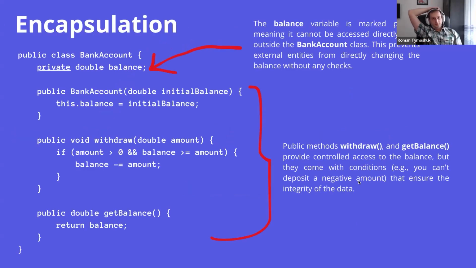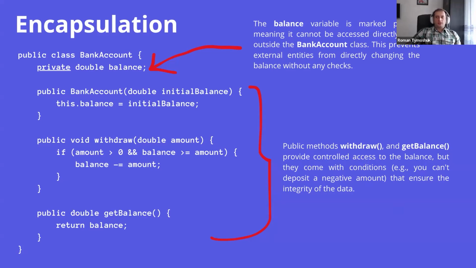Yeah, encapsulation. So does anyone want to explain what is here in this example? If not, I can quickly recap. So here we have an example of a bank account. The class actually represents your account, and probably the main thing which is interesting to us is balance. So the balance variable is marked as private.